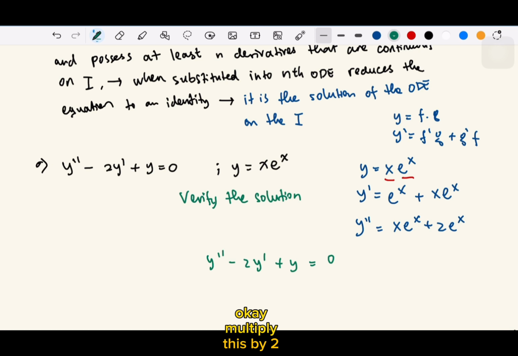We can multiply this by 2, and then we add this. I think this will cancel. This will result in 2 minus 1, so 1, or minus, right? Minus, and then minus plus is 0. Or you can just check this: multiply by 2, and multiply by minus 2, and then you take the sum.